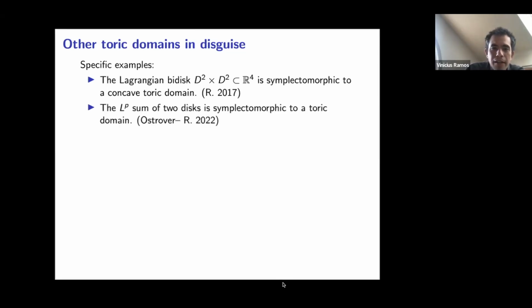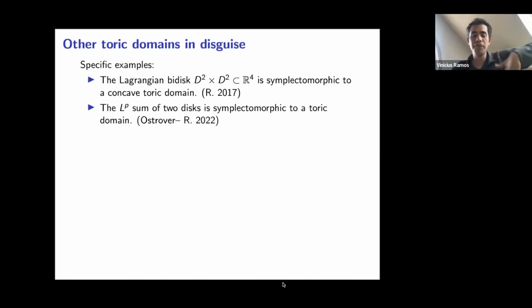And then Jahan and I generalized this result to an LP sum of two disks. So instead of taking the product, you can approximate the product, for example, or you can just take the LP sum of two disks, and that's always a simplex toric domain. And it's interesting, of course, that as P goes to infinity, this LP sum converges to the infinity sum, which is the product.